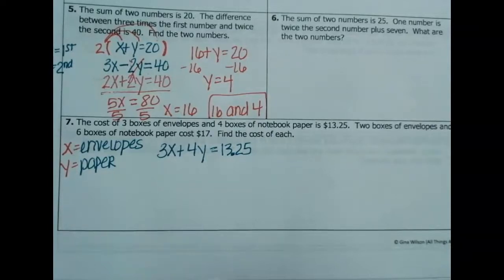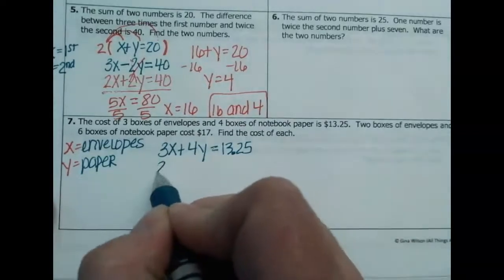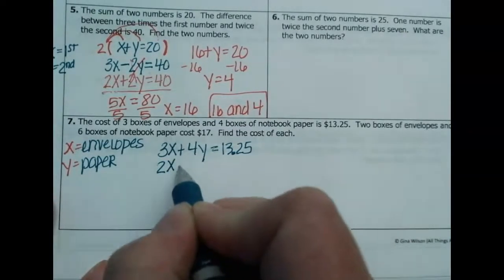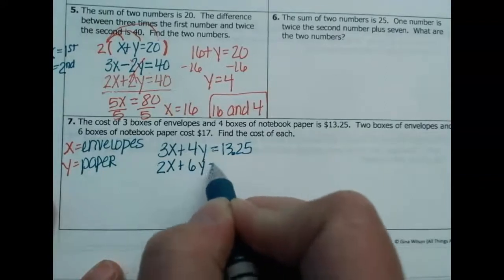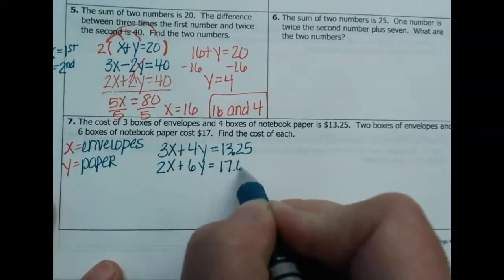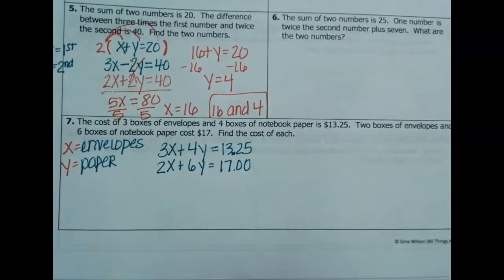All right, then the next sentence says 2 boxes of envelopes. So 2 envelopes plus 6 papers equals $17. All right, so there is our system.